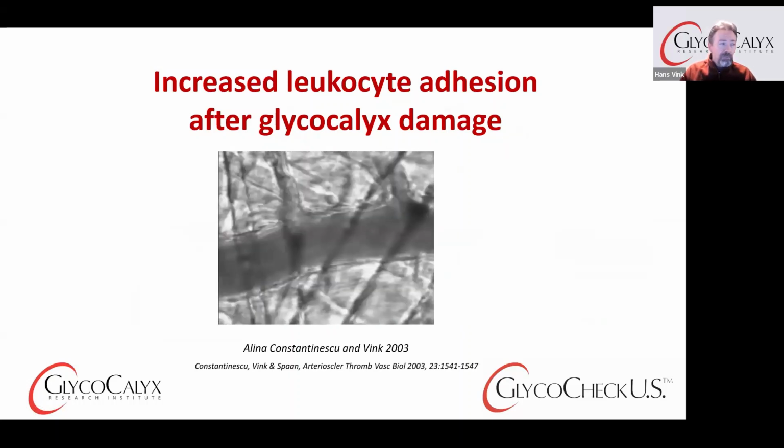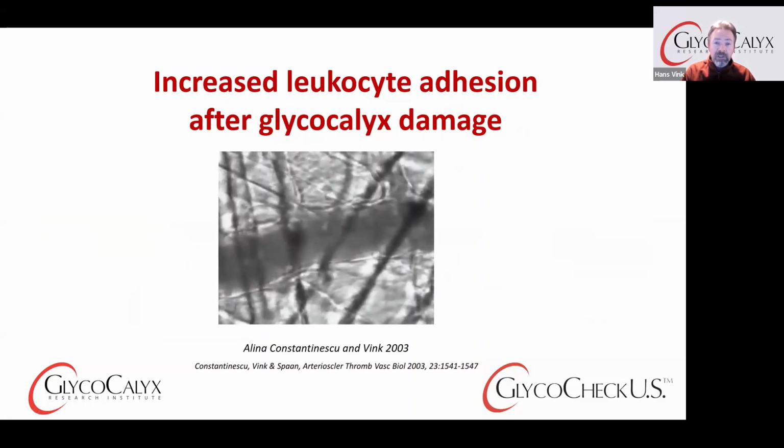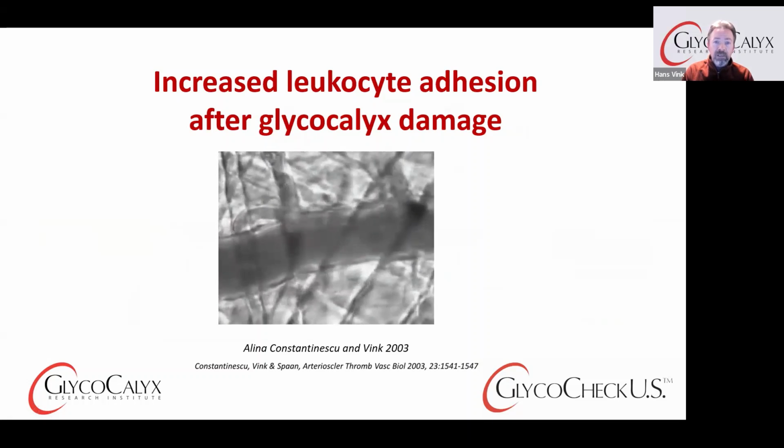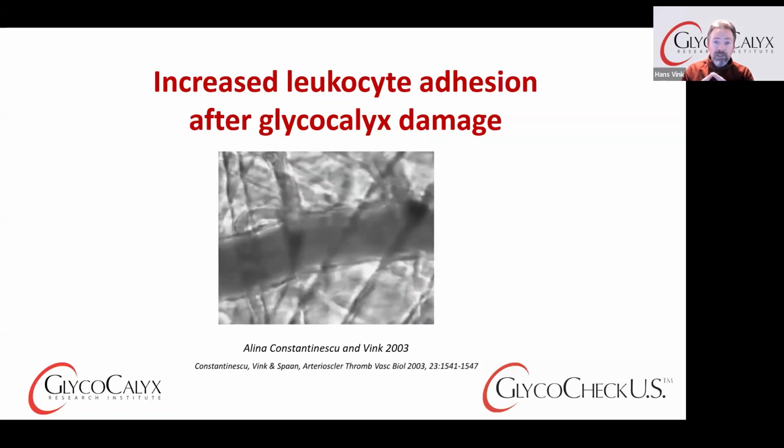So the leukocytes will just check and roll over the endothelium, and they can do that in the presence of a healthy glycocalyx. The leukocytes actually have fingers sticking out, called microvilli, that are a little bit longer than the size of the glycocalyx. On the tip of these microvilli, they have rolling adhesion molecules.